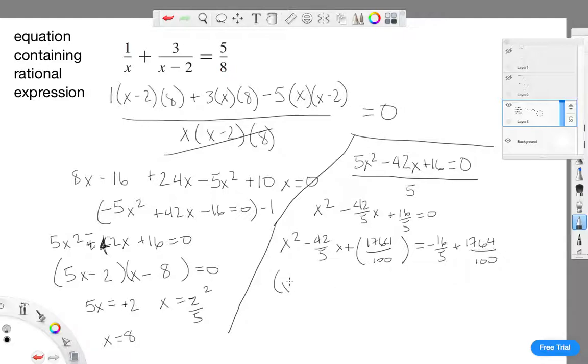So we have a perfect square, although it's definitely not the perfect equation to work with.